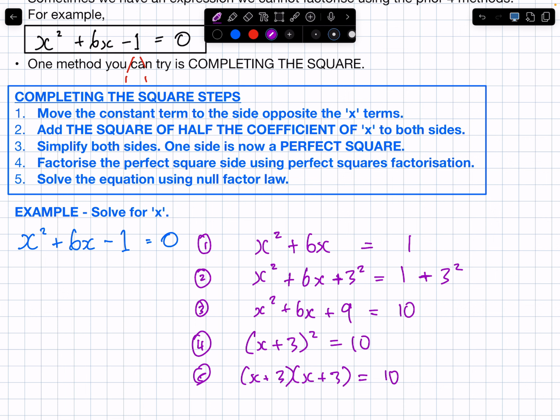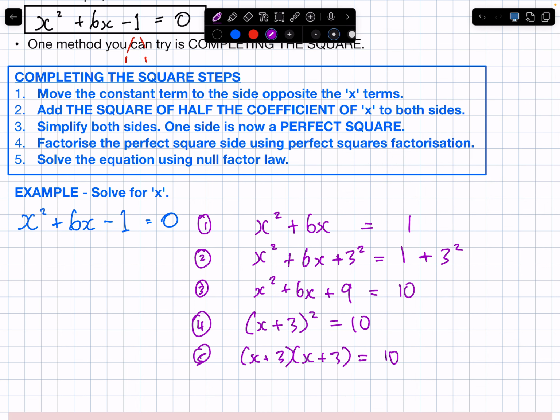Square root. So if I'm going to remove the square root, oh no, I haven't removed the square root yet. Sorry, that step is wrong.